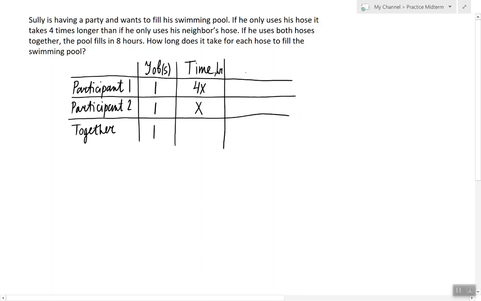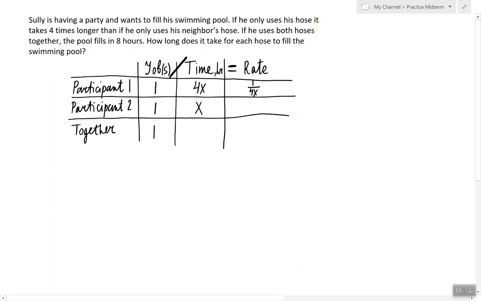And what goes in the last column is the rate at which the job is performed. And the formula for the rate is here. It's the number of jobs divided by the time. So it takes the first hose to do one pool 4x hours.